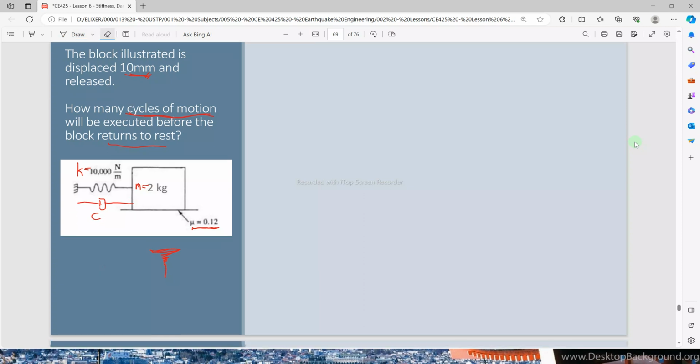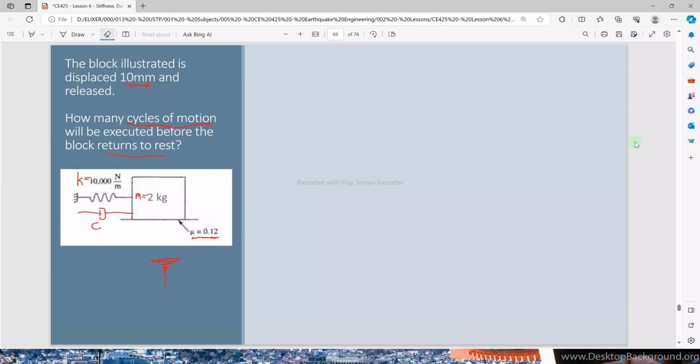But there is a static damping, due to the friction here. This is also called Coulomb's damping.